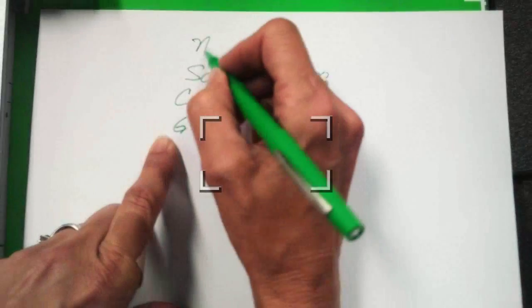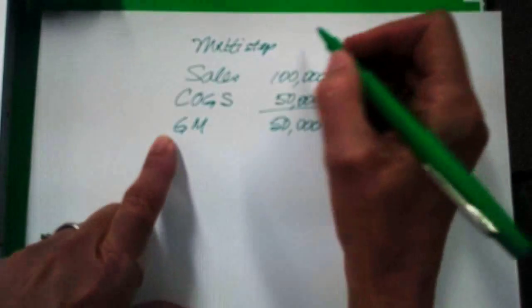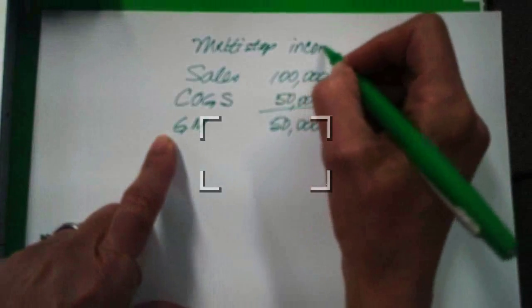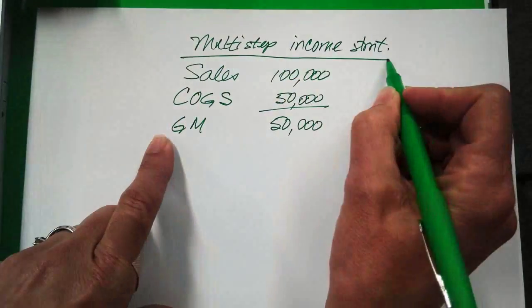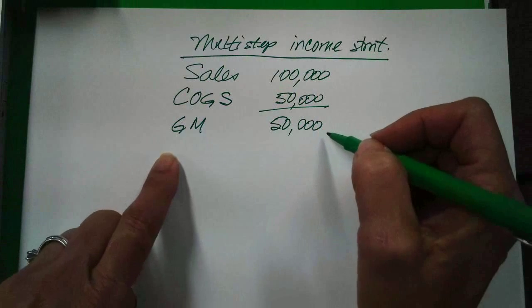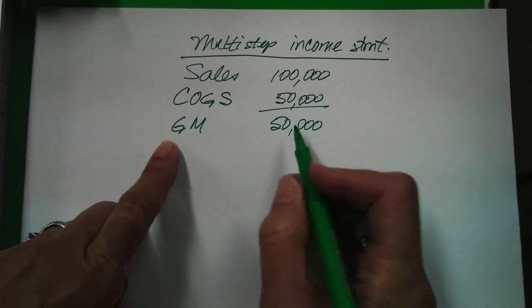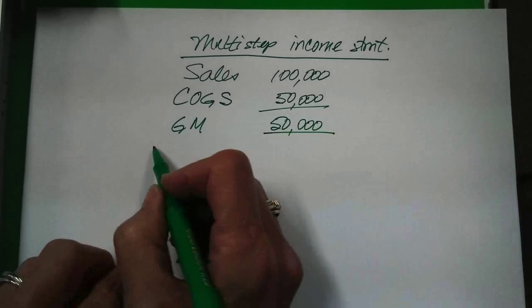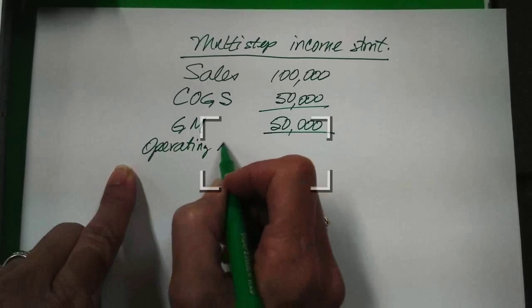So what we call the multi-step income statement is now what we have to do from now on. The multi-step income statement gives us a lot better information for our users and our managers. Once we subtotal at gross margin, then we will collect up the operating expenses.